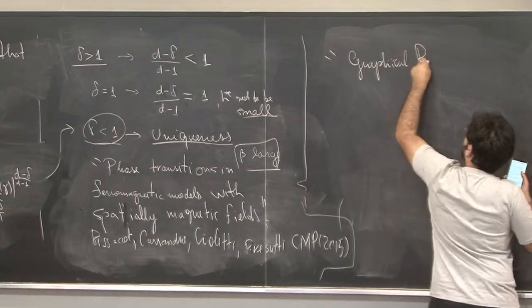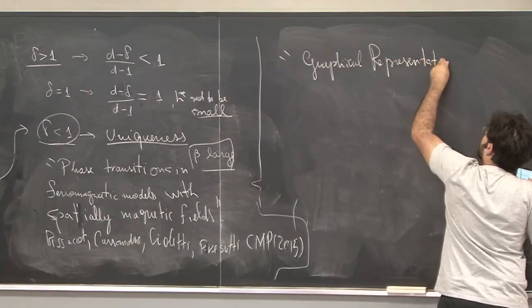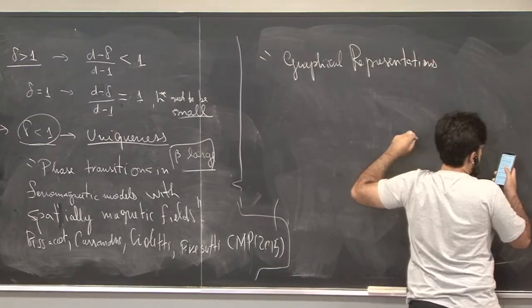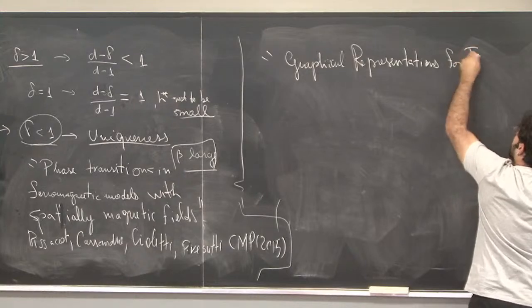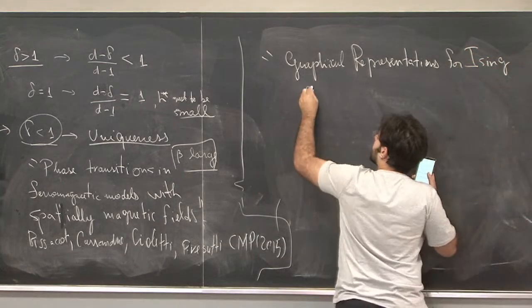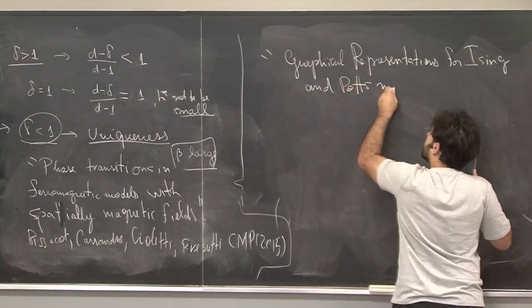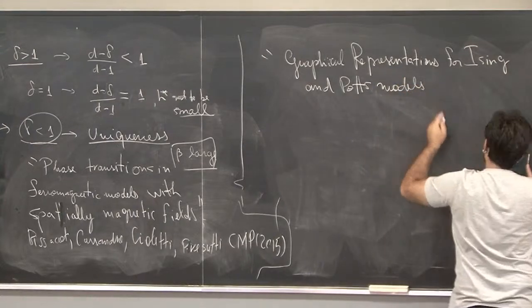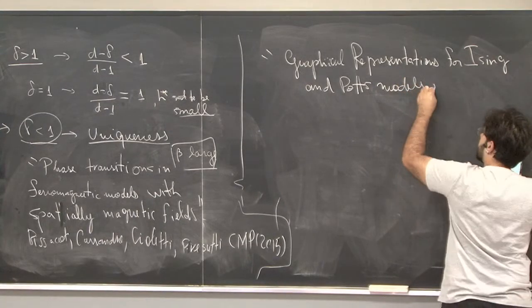graphical representations for Ising and Potts models in general external fields.